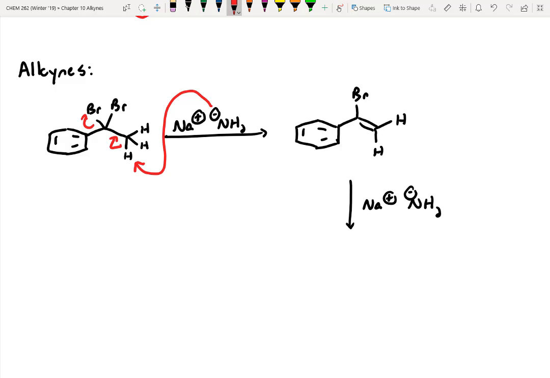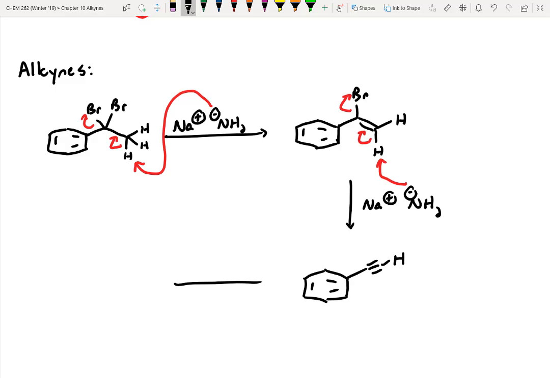So if we have more of this around, this can grab another equivalent, clamp down, kick off our bromine. And we can make an alkyne. One problem with this reaction is typically when you're trying to do this, you use a huge excess of your sodium amide in order to drive both elimination reactions.